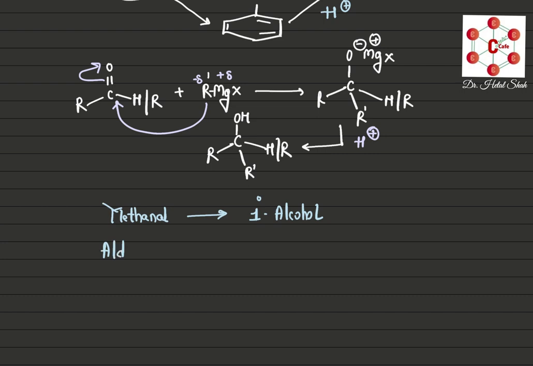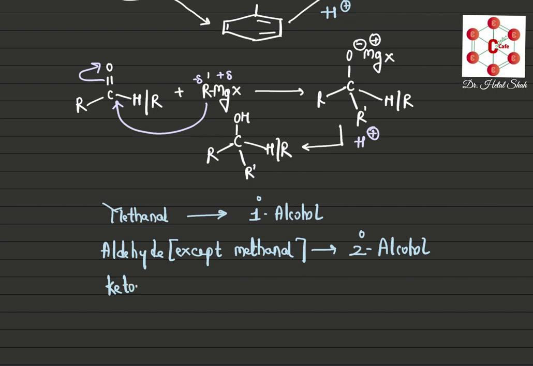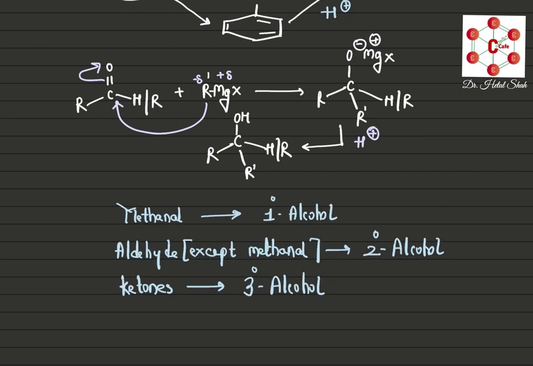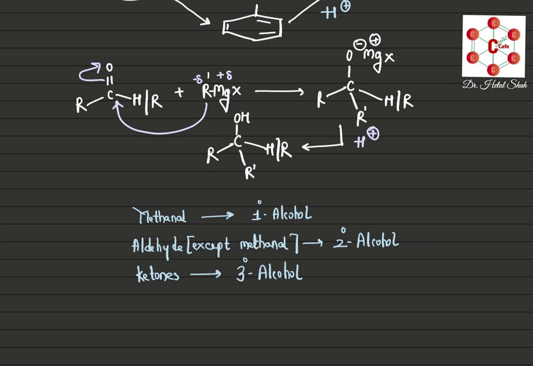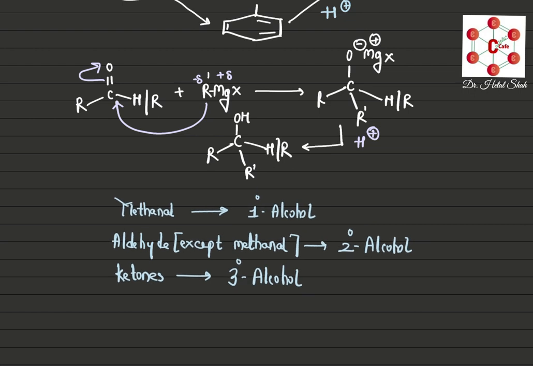Any aldehyde except methanol would give you a secondary alcohol, and ketones would give you a tertiary alcohol. So primary, secondary, and tertiary. All good with aldehydes and ketones, how they form alcohols?